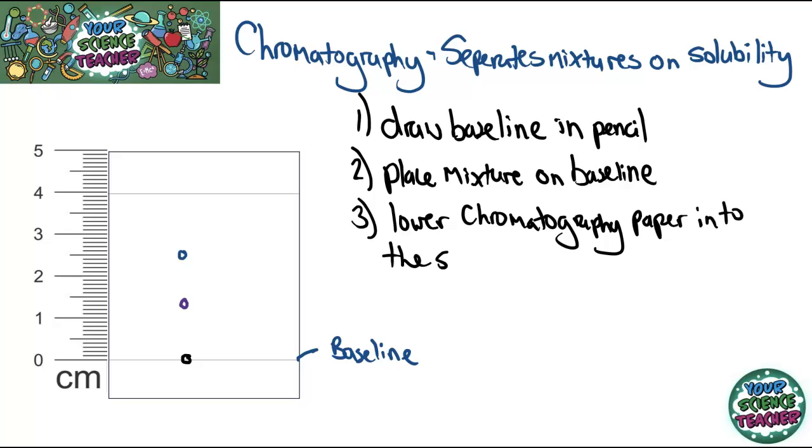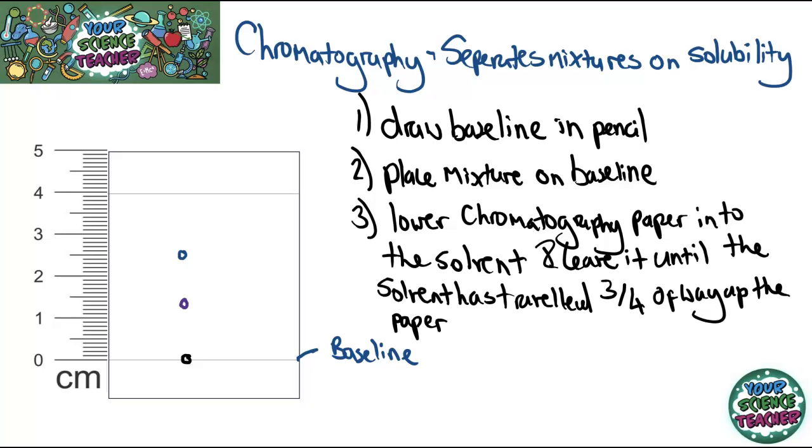And we're going to leave this until the solvent has travelled about 3/4 of the length of the chromatography paper. So now what we can do is measure the distance that the solvent has travelled.